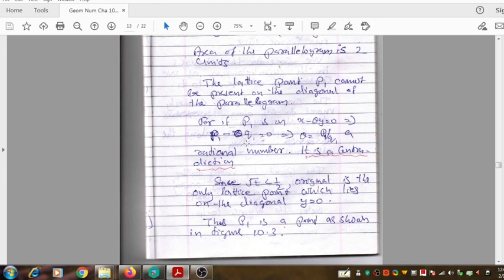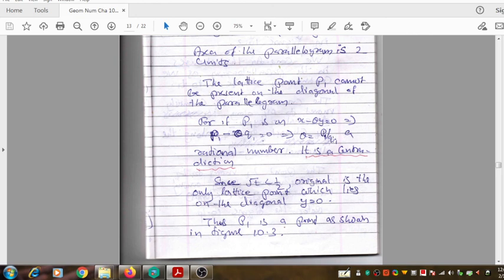Based on our assumption, since P1 is present on the diagonal, you can substitute P1 for X and Q1 for Y in the equation of the diagonal, and you obtain P1 minus theta Q1 equal to 0, which simply implies that theta equal to P1 by Q1. When theta equals P1 by Q1, it becomes a rational number.